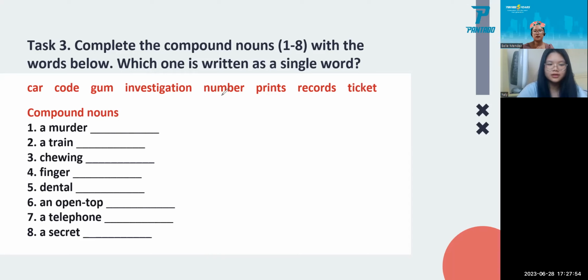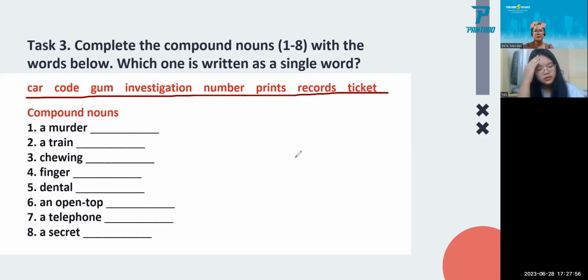Investigation. Very good. Here, a train ticket.